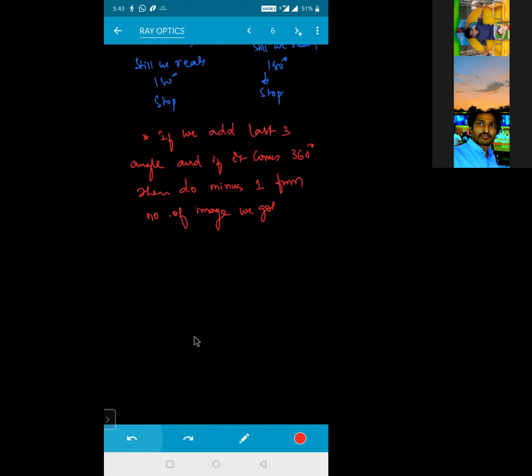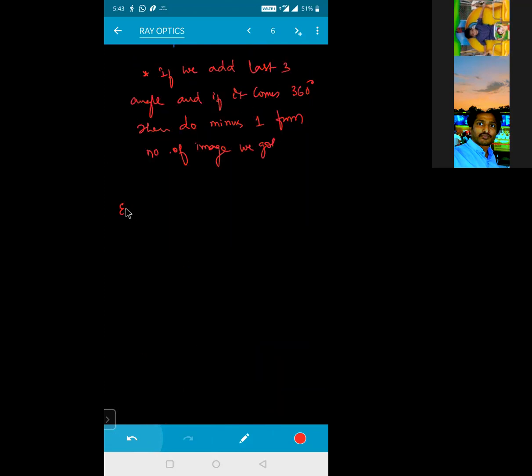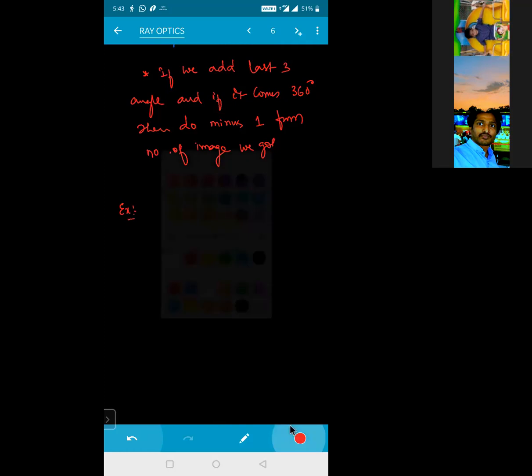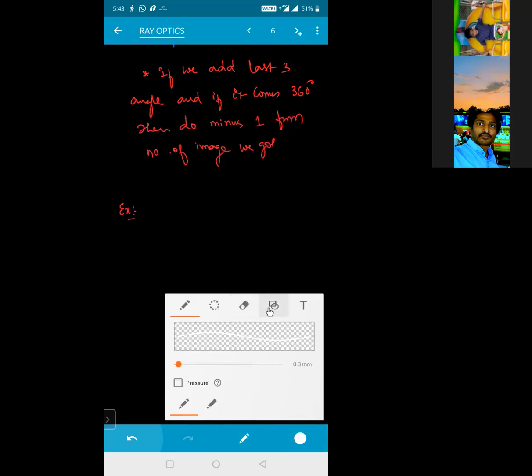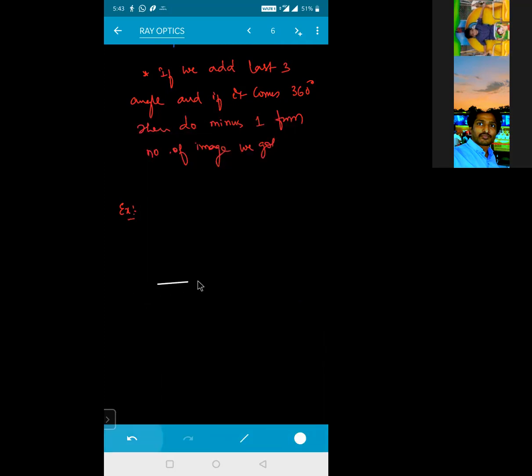Clear? Let me give you one example. These are two mirrors which have been inclined like this, and here is your object.